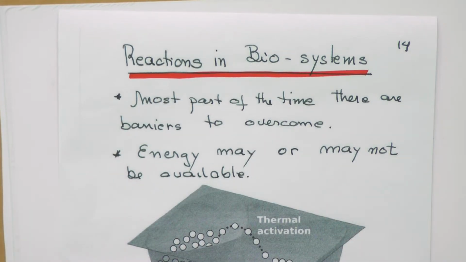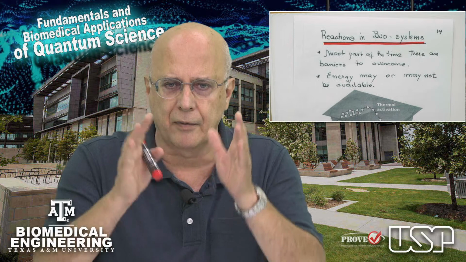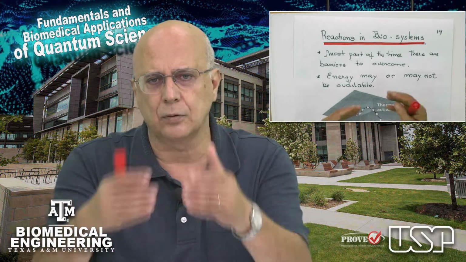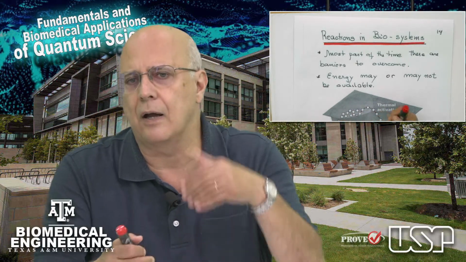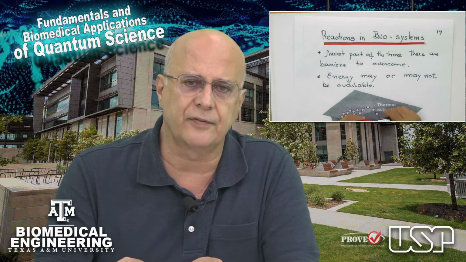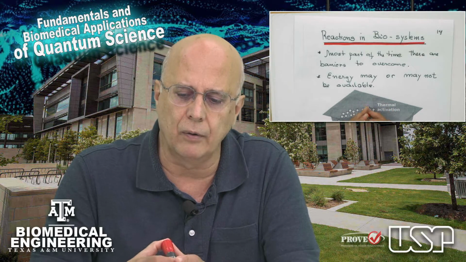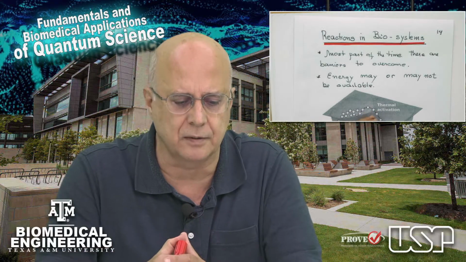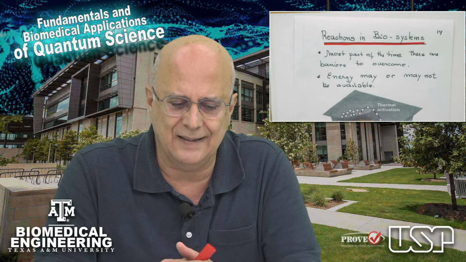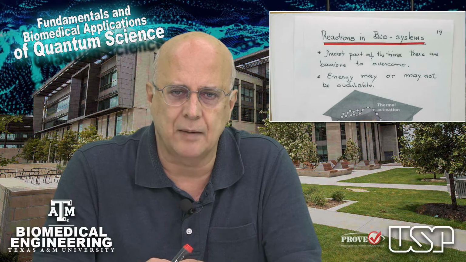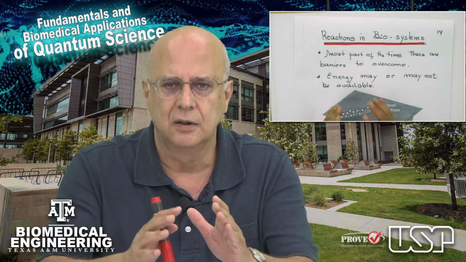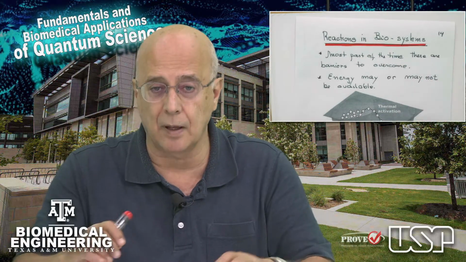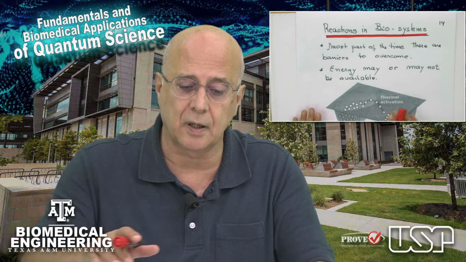In biological systems, most of the time, there are barriers. And we know that electron transfer, proton transfer, ion transfer, all this kind of thing is very important for the metabolism going on in the biological system. They find those barriers, and sometimes those barriers just stop the occurrence of the metabolism.